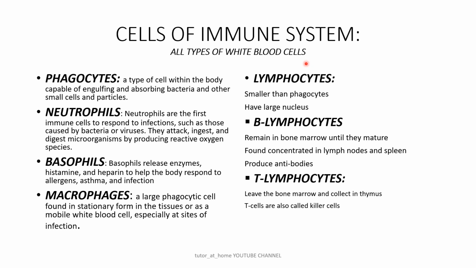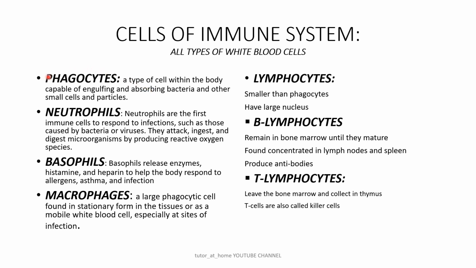So what are phagocytes? A type of cell within the body capable of engulfing and absorbing bacteria and other small cells and particles. Phagocytes have enzymes that can dissolve and kill the pathogens.